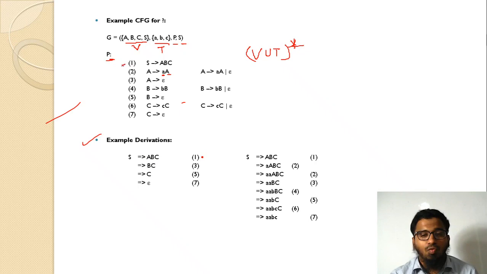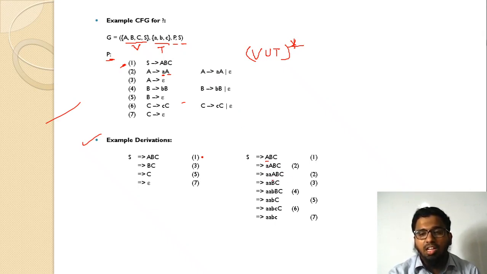Okay, from this equation 1 we got this. Next, S is equal to ABC, equation 1. Then in the second one, A is small a terminal, ABC. Okay, next, in place of A we are substituting the value a, and here also we will get ABC.